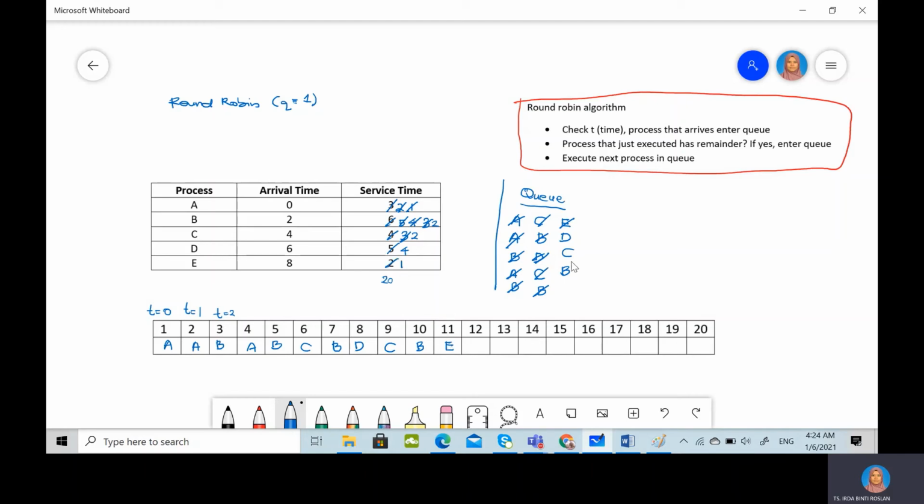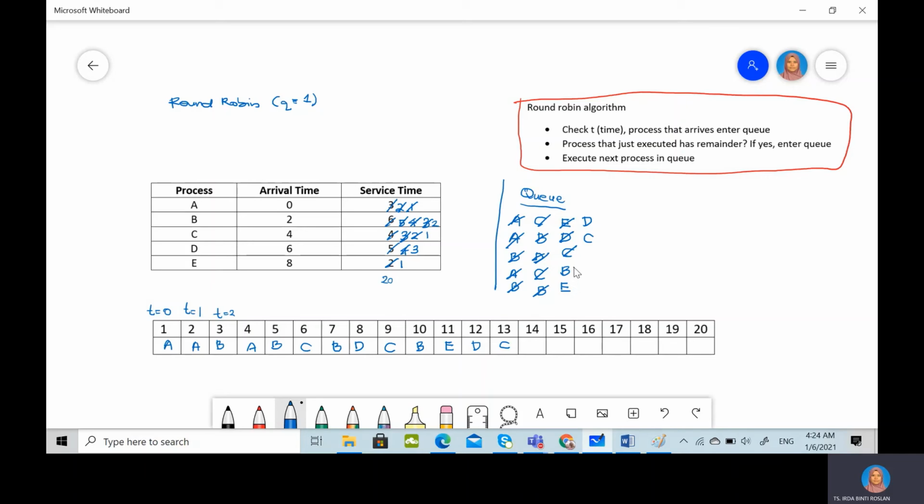Yes, another one, put it in Q. Next, run D. Does D have any remainder? Yes. Put it in Q. Next, execute C. Does C have any remainder? Yes, one more. So this time, we put C in the queue.